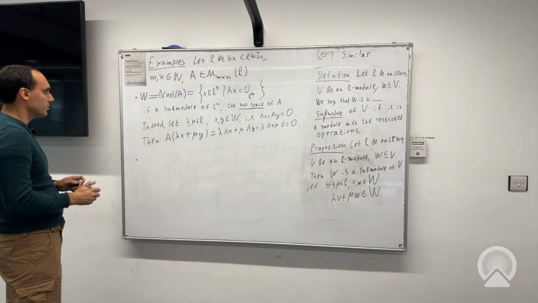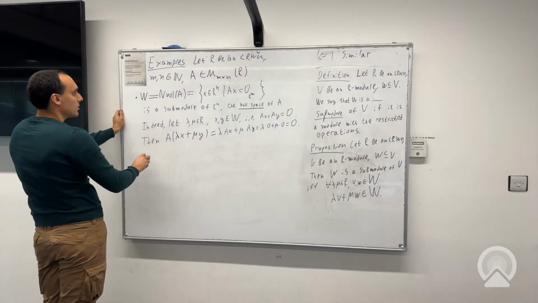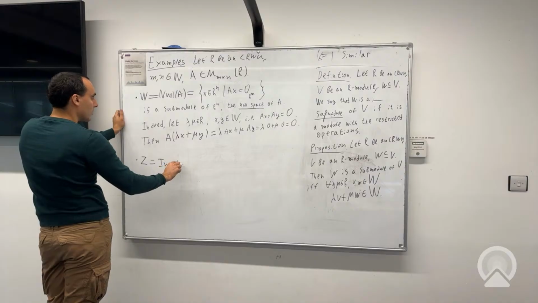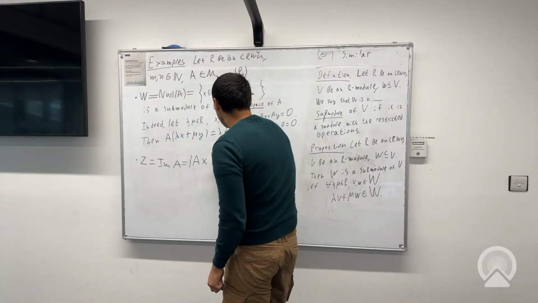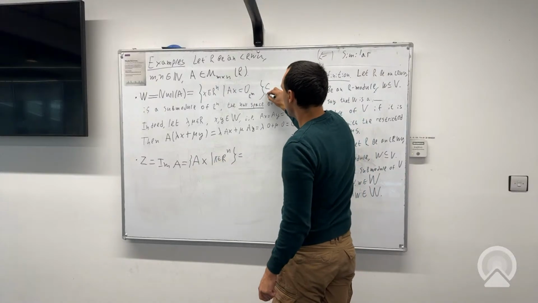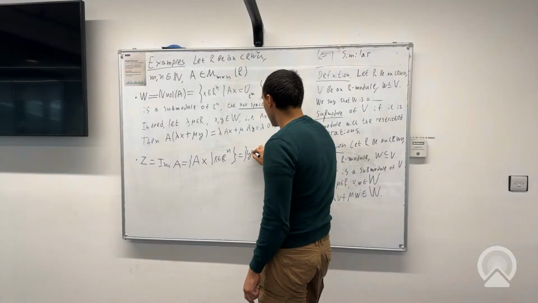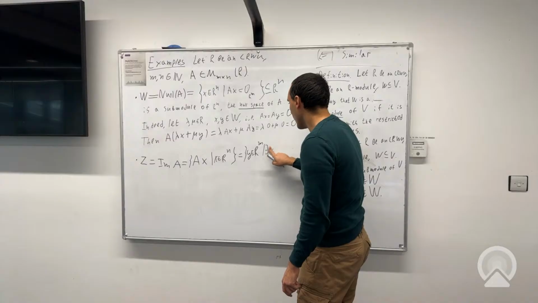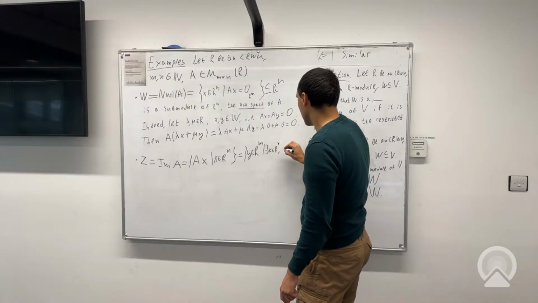And the other thing is called the image. Let me call it a different name, for instance Z. Z is the image of A, which is the set of all vectors in Rm that can be expressed this way, such that there exists x in Rn such that Ax equals y.